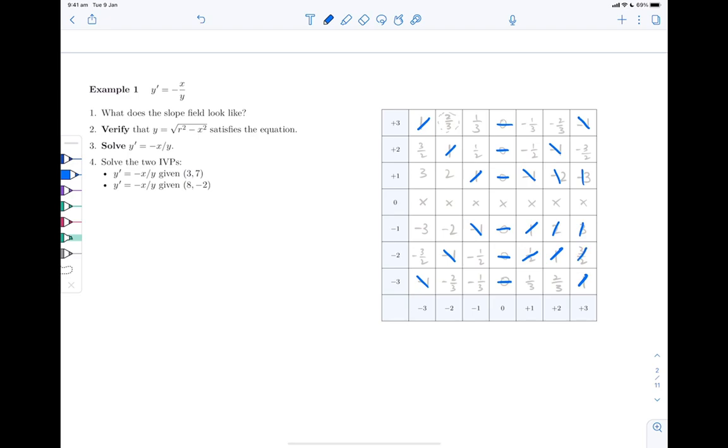okay, 3/2, 2/3, 1/3. Okay, -1/2, -3/2, -2/3 maybe, -1/3. Okay, -1/2 here, -1/3, -2/3, -3/2.